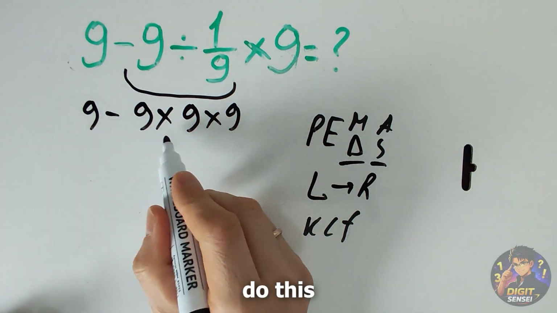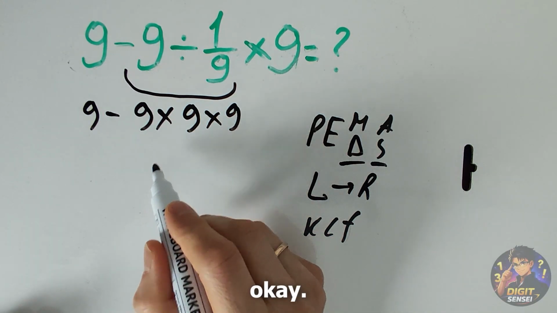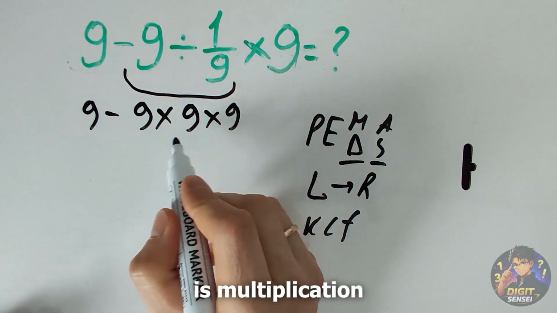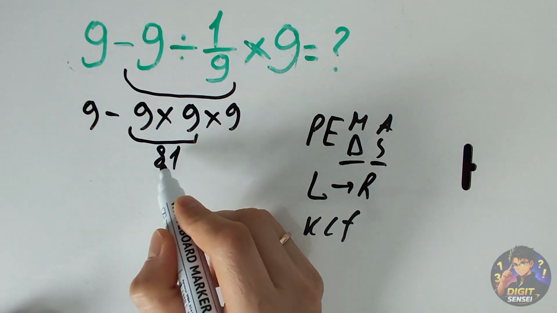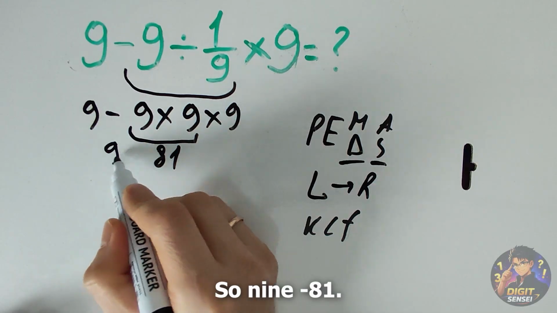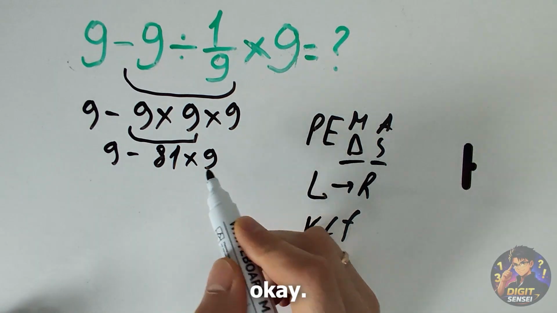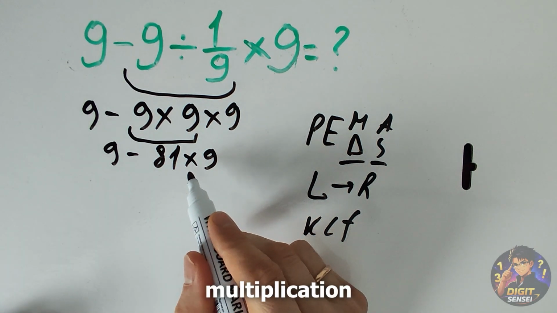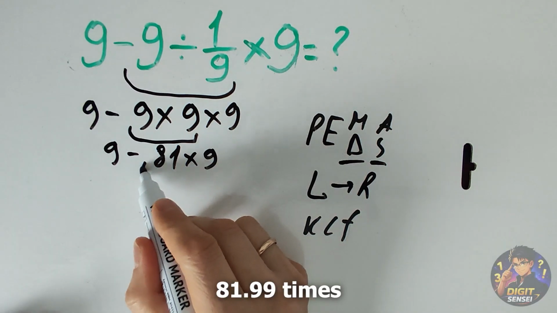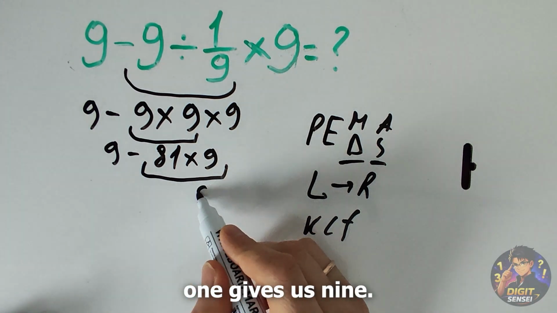Now we have to do this multiplication or this multiplication. Okay, first is multiplication. 9 times 9 gives us 81. So 9 minus 81 then times 9. Okay, first we have to do this multiplication. 81 times 9. 9 times 1 gives us 9.